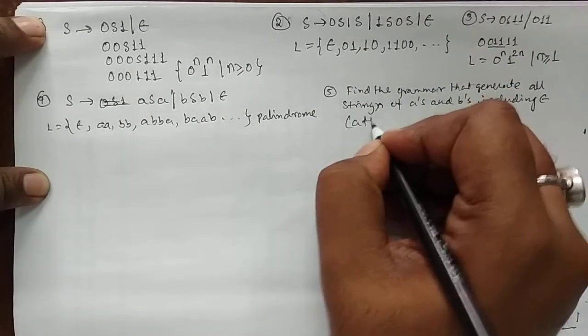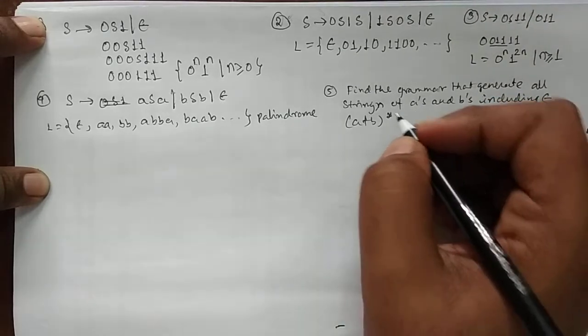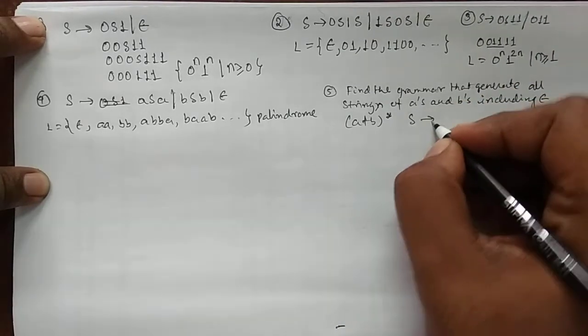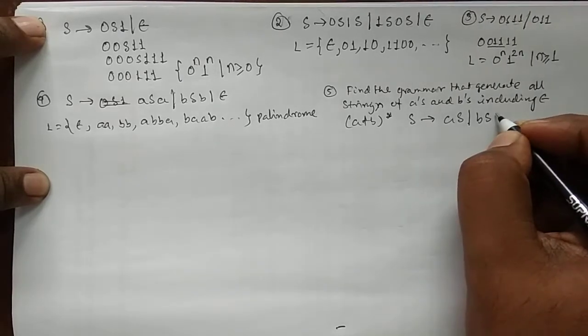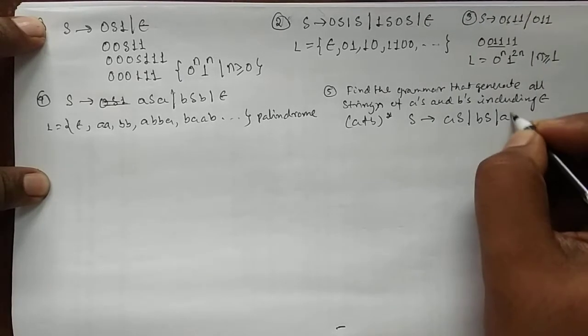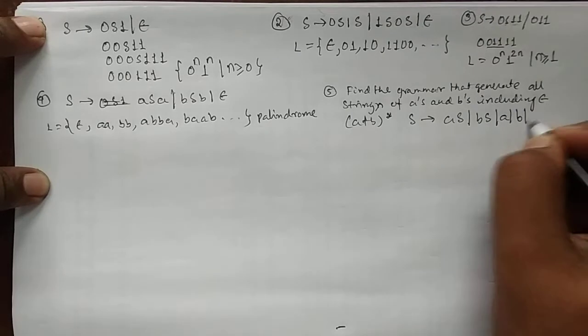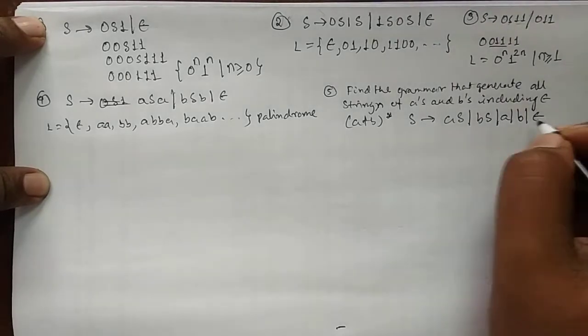So it is nothing but A plus B whole star. What is the corresponding grammar? It is S goes to A S or B S, or A or B, and including epsilon. So this is the grammar.